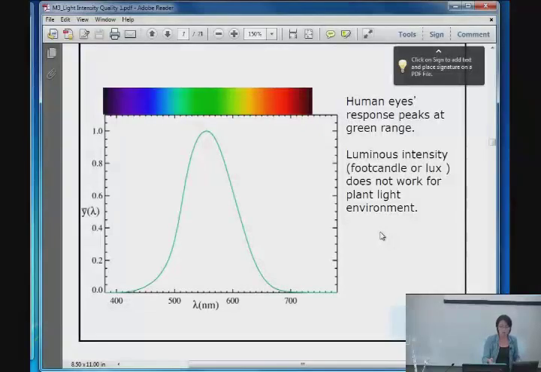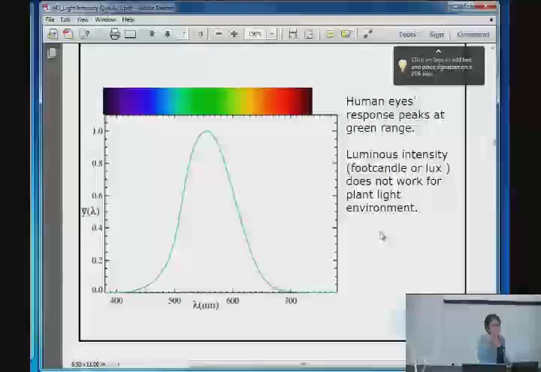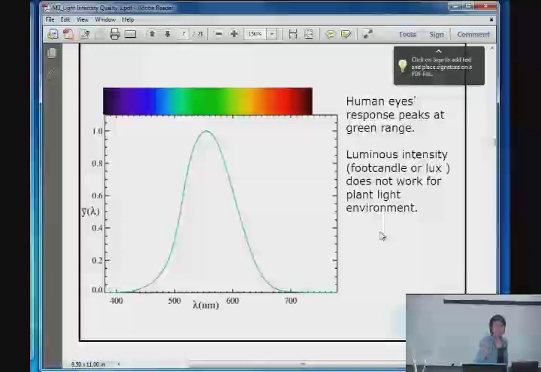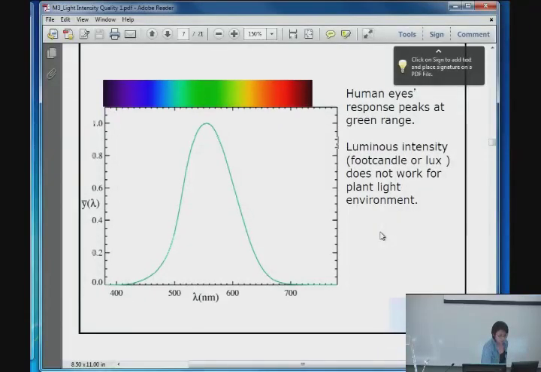This is the human eye response, and luminous intensity, lux and foot-candles, are based on it. Candela is human response. Because of this unique response, we do not use lux or foot-candles as units to express light intensity in plant science, horticulture, agriculture, or engineering. Okay, so that's the graph.